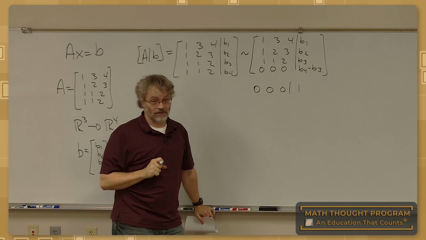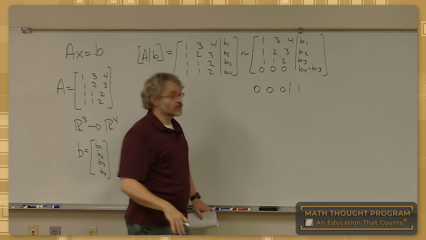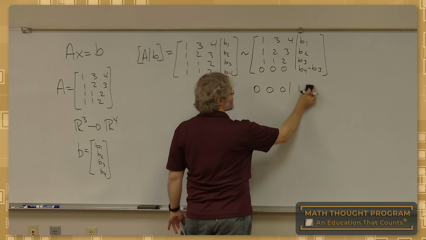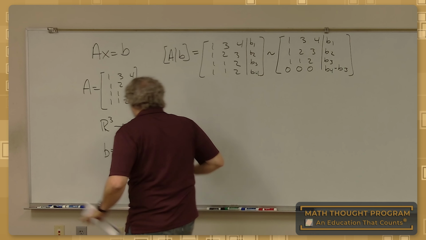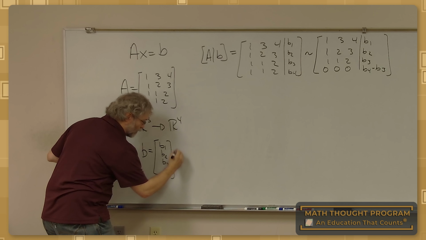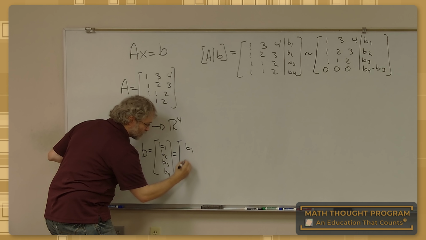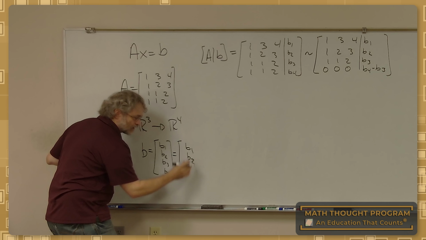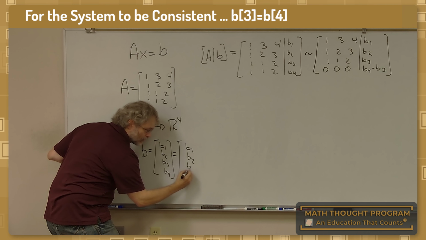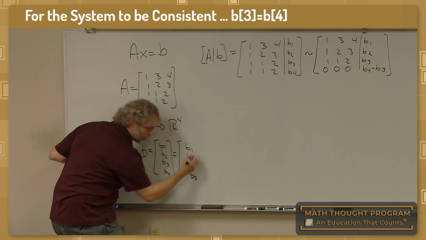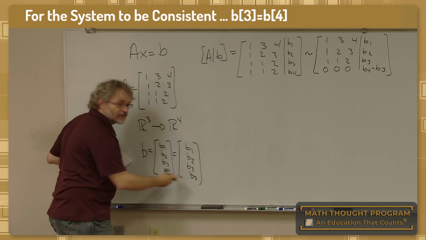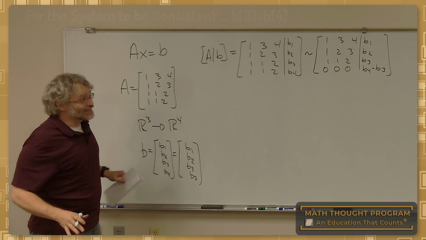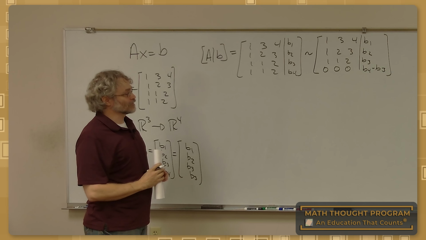No. My system can be inconsistent. So to maintain consistency, I can take vector b and recalibrate as b1, b2, b3, and b3. b4 has to equal b3, otherwise this is going to be inconsistent.